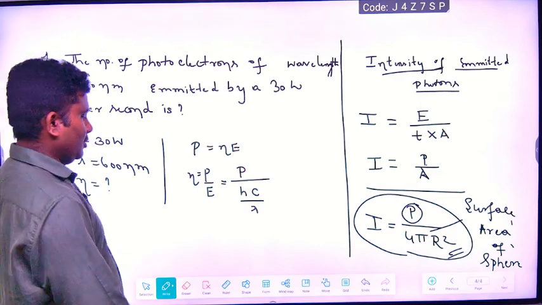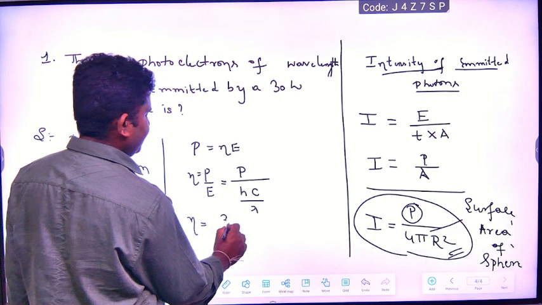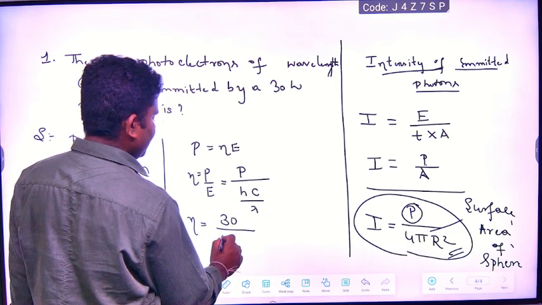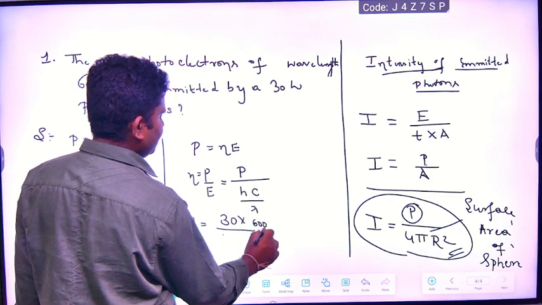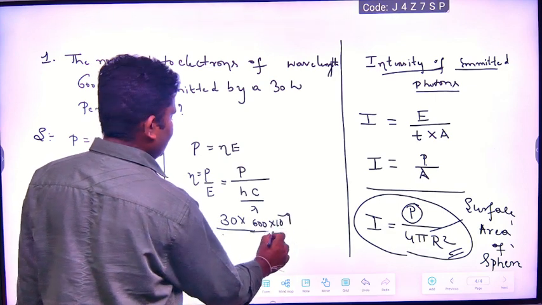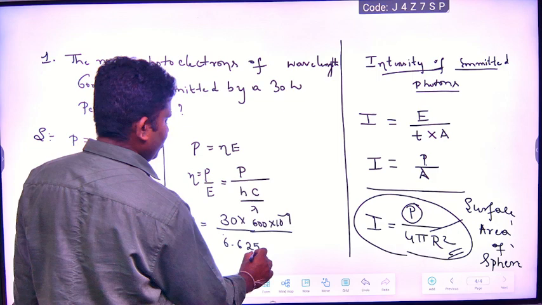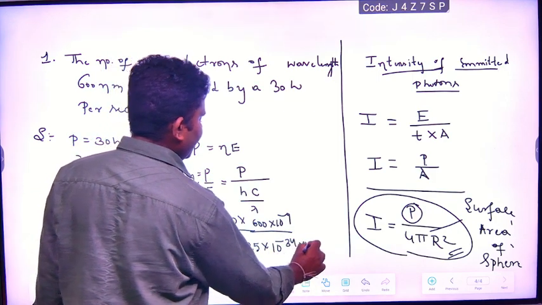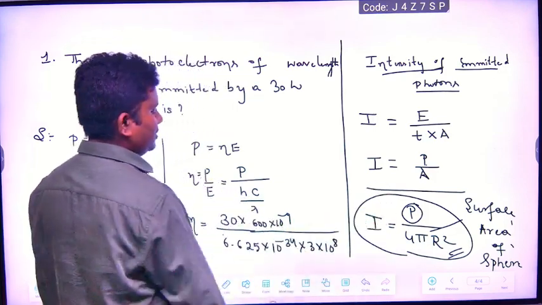Now n is equal to P, which is how much? 30 divided by h into C by lambda. Lambda is how much? 600 into 10 to the power of minus 9, divided by h, which is 6.625 into 10 to the power of minus 34, into C, which is 3 into 10 to the power 8. Yes. Do it.